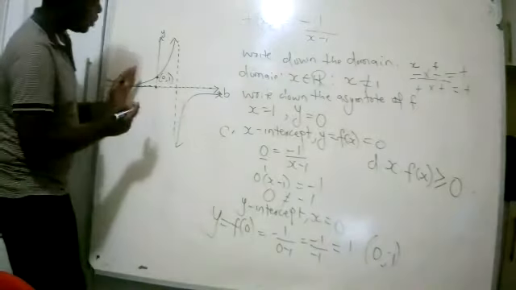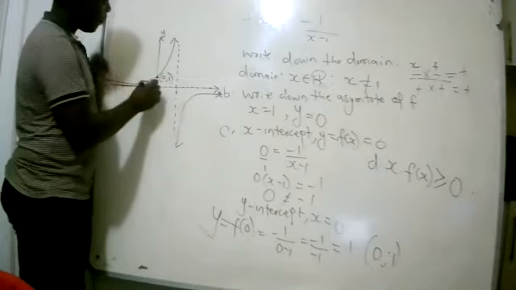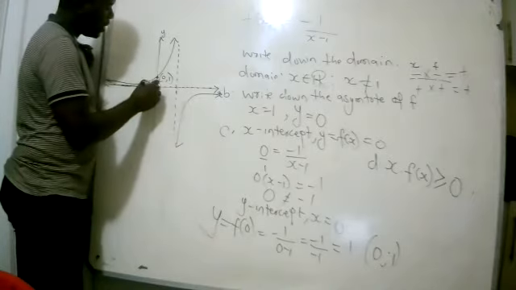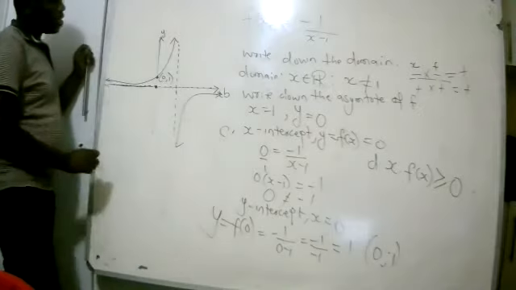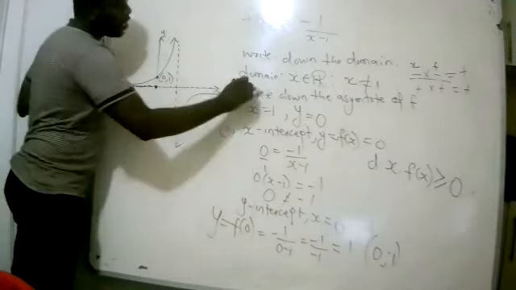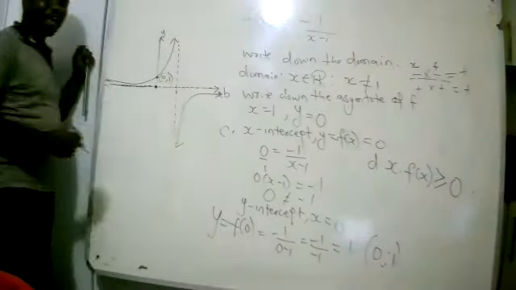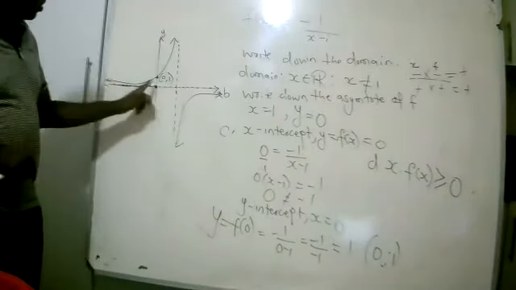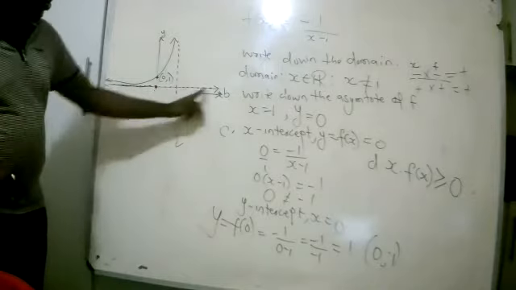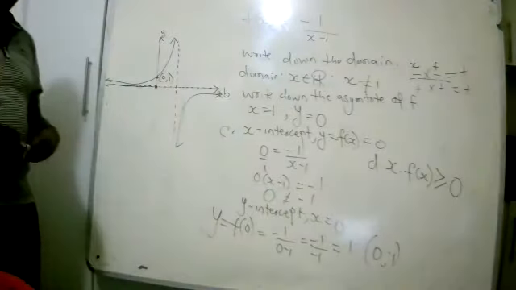So now let's focus on this region here. From this point going to the infinity. So from this point going to the infinity, is the value of x positive or negative? From here going to infinity, is the value of x positive or negative?